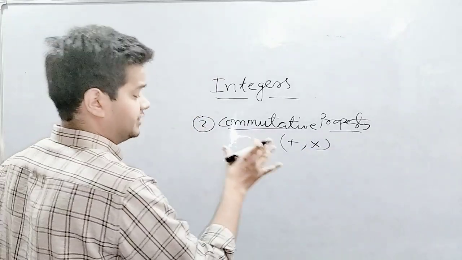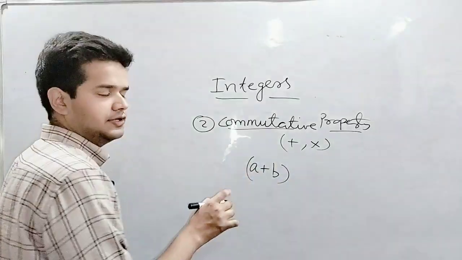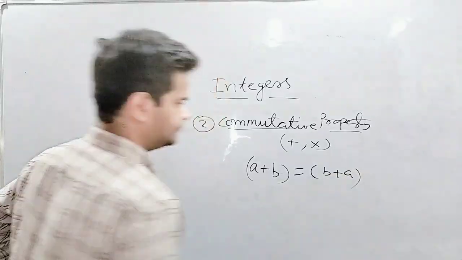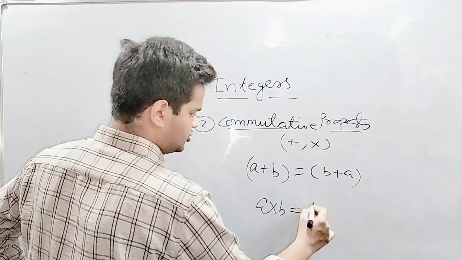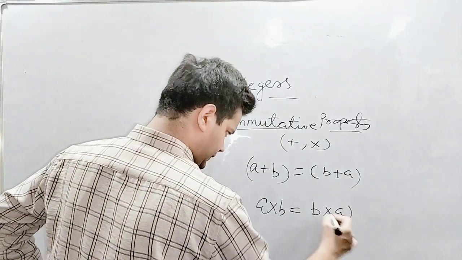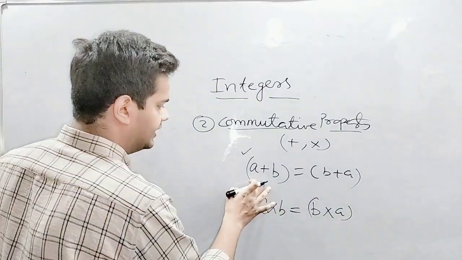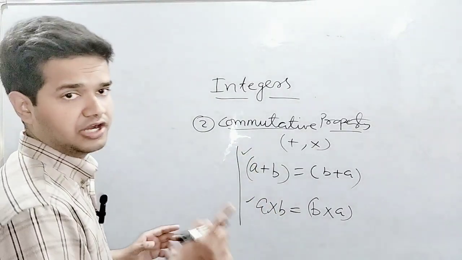Now it states that a plus b should always be equal to b plus a, and a multiply b should always be equal to b multiply a. Now this condition is true in addition and multiplication, but this condition fails in subtraction and division.